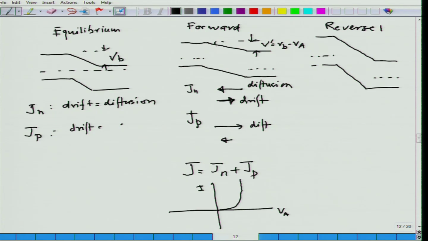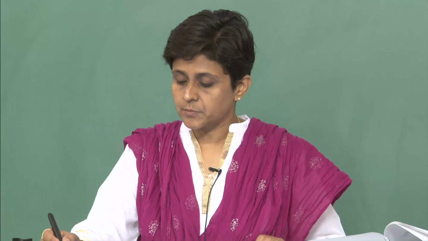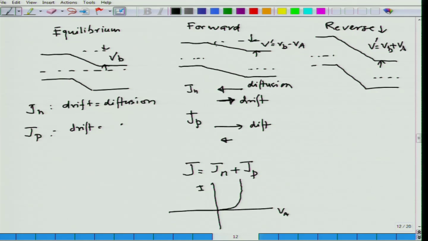Now, in this situation, the voltage between the p and n type has changed from whatever was the built in potential in equilibrium, when you had drift and diffusion equal. This has become V b plus applied potential V a. Now, what does that do?